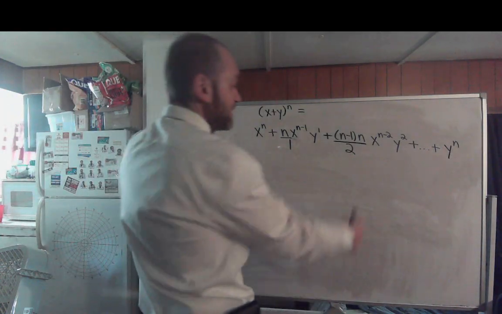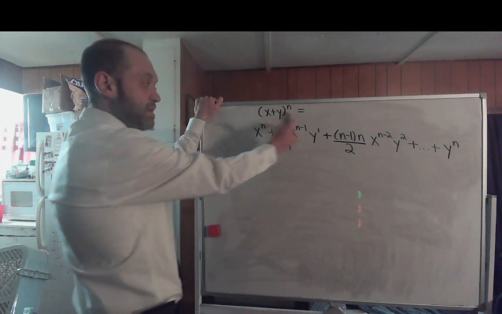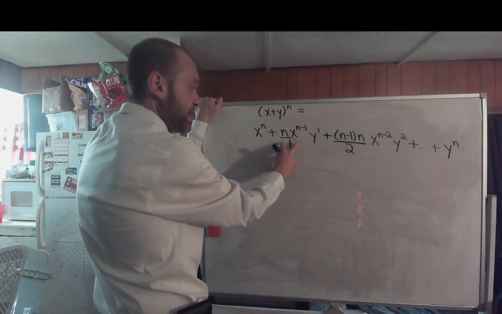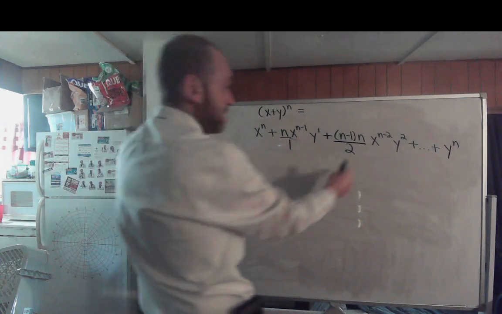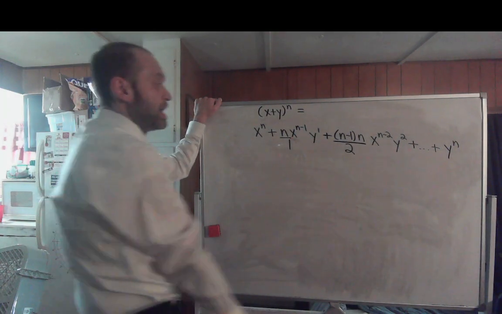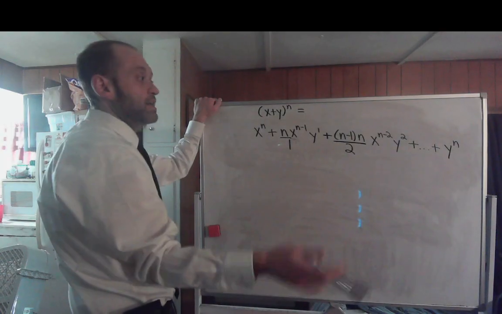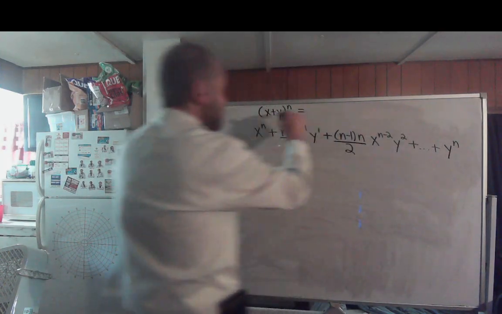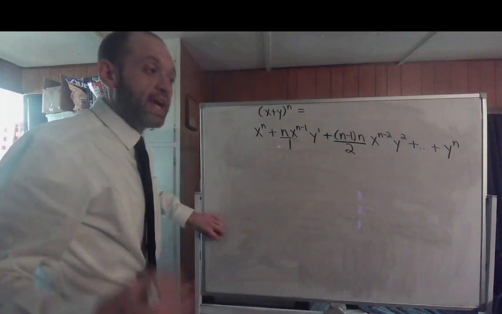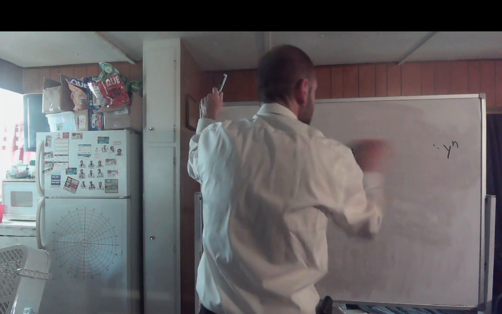Then to get the next term, I take that n minus 1, bring that down in front, so I'll have n minus 1 times n. Going back, that's the second term, so I divide n minus 1 times n by 2. I lower my x power yet another degree, raise my y power yet another degree, until eventually I end up with just my second term of the binomial raised to the nth power. Now I know in the abstract that sounds a little tough, but we are going to do some examples here.